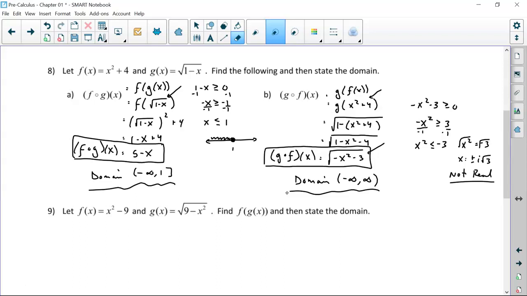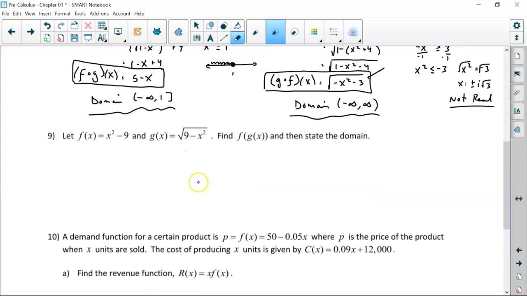And then let's go to problem number 9. F of g of x, so it's going to be f of the square root of 9 minus x squared. So instead of f of x, we're going to put x squared, so leave the parentheses blank, squared minus 9.